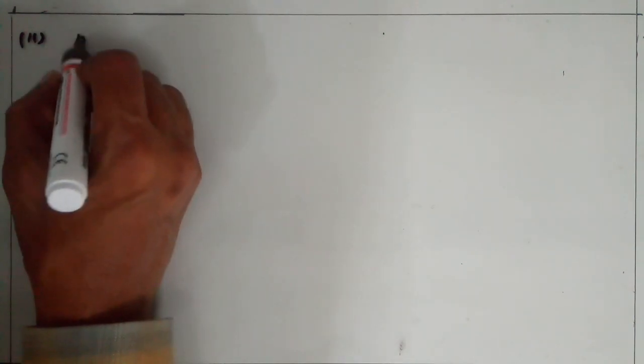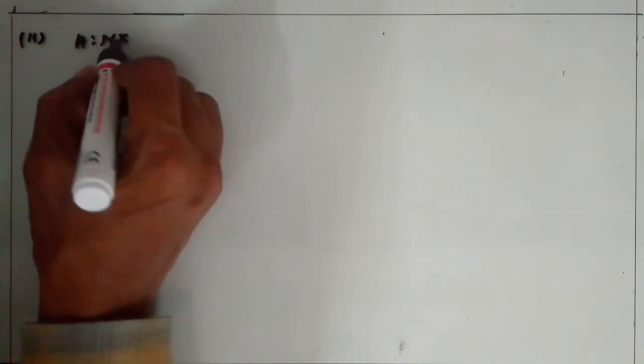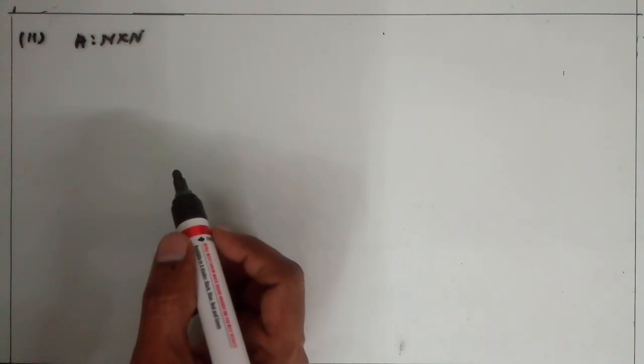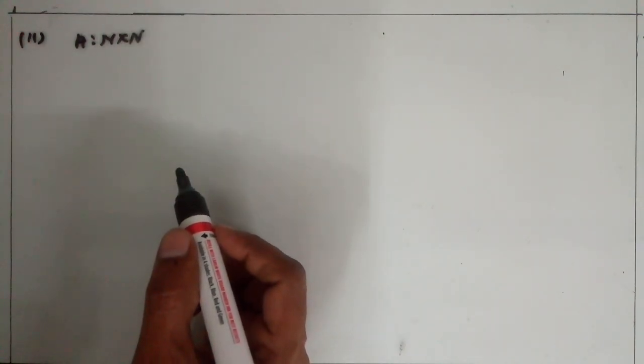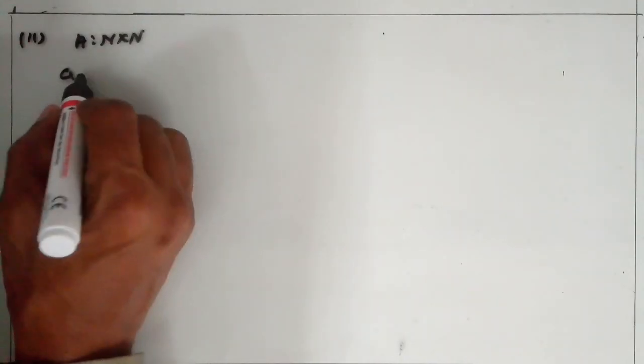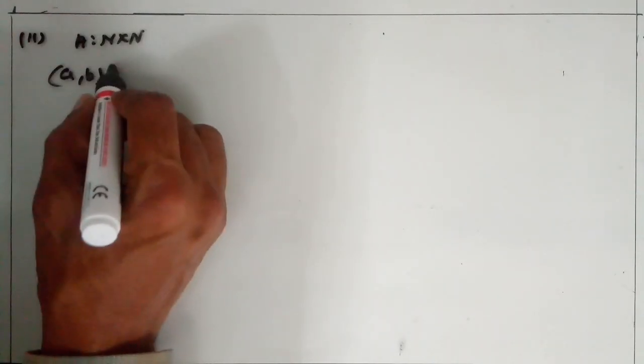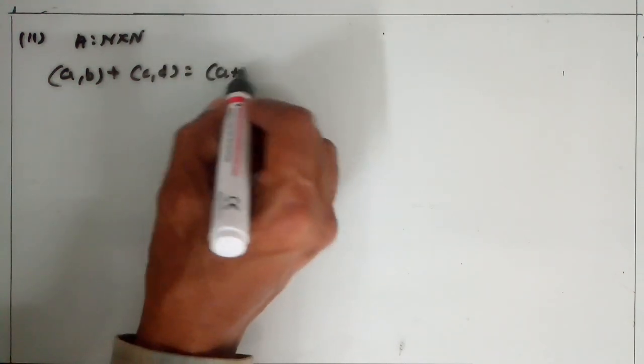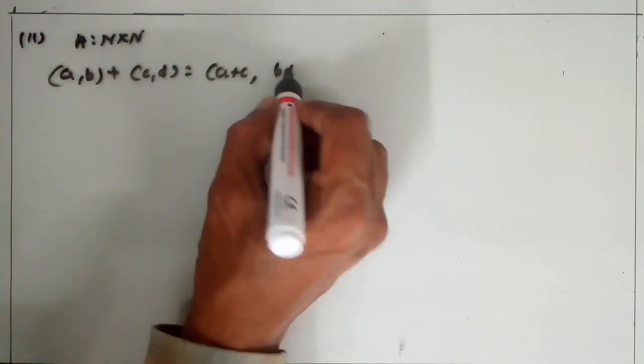Now question number 11. Let A is equal to N cross N and star be a binary operation on A defined by (A, B) star (C, D) is equal to (A plus C, B plus D).